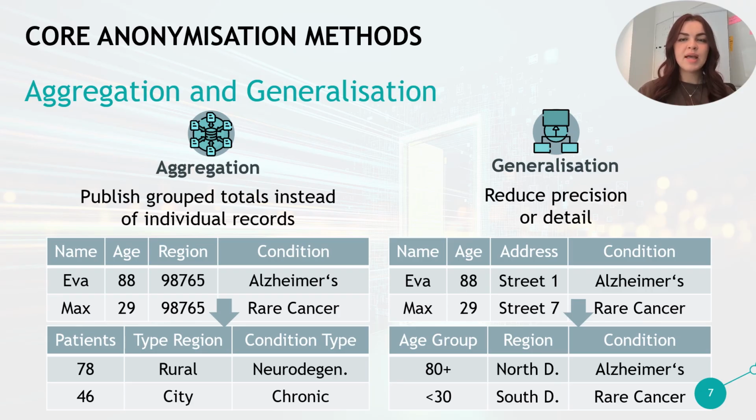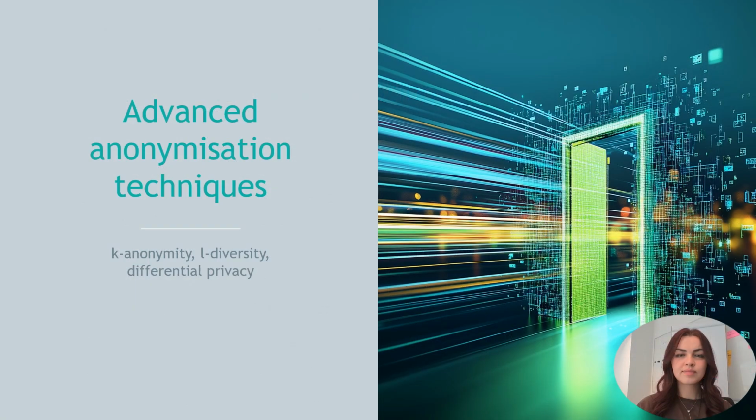For example, exact ages can become age bands, exact locations can become districts, and exact dates can become months or years. The important point is that less precision can reduce risk, especially in small local datasets. For many open data projects, these basic techniques are enough to start a serious risk discussion. Some situations, however, require more structured privacy concepts.